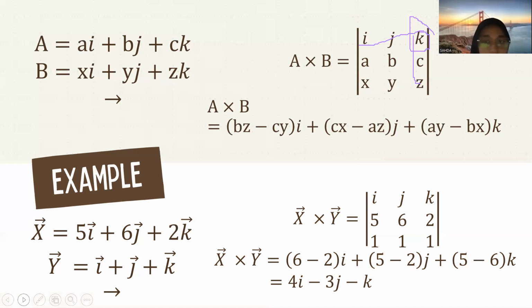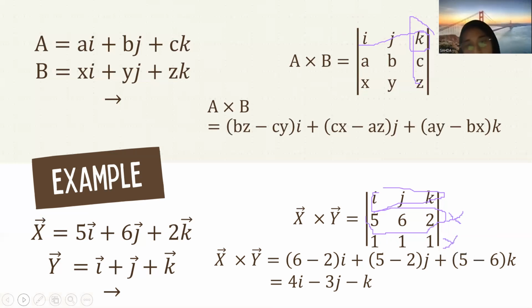First construct a matrix, and you're going to arrange i hat, j hat, and k hat in the top row. Then the components of vector X in the second row are 5, 6, and 2, and the components of vector Y in the third row are 1, 1, and 1.